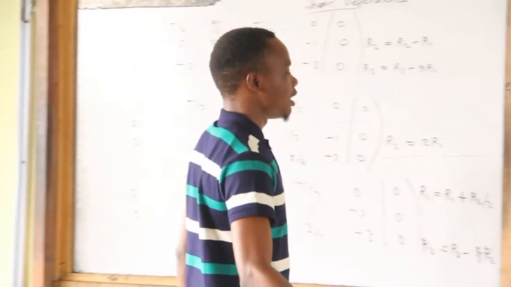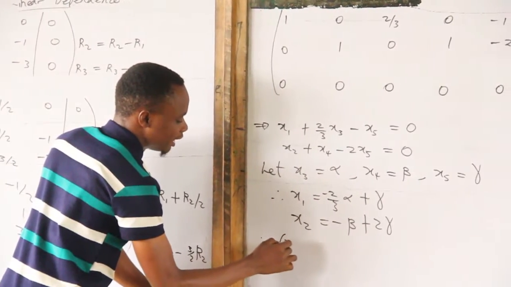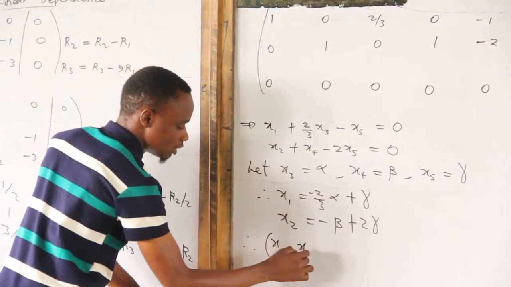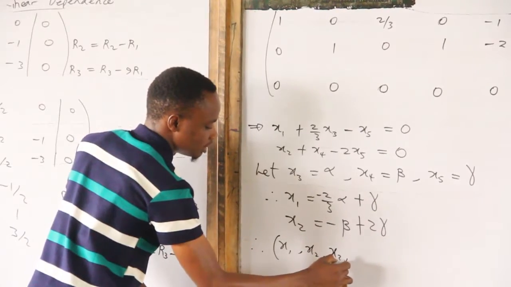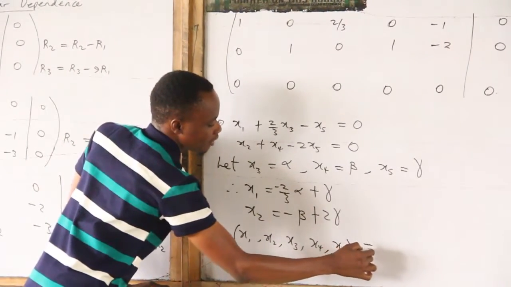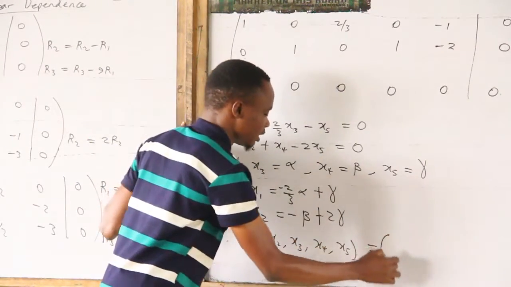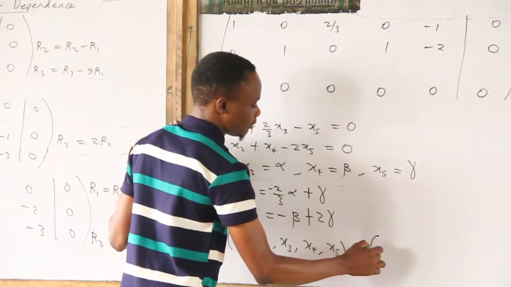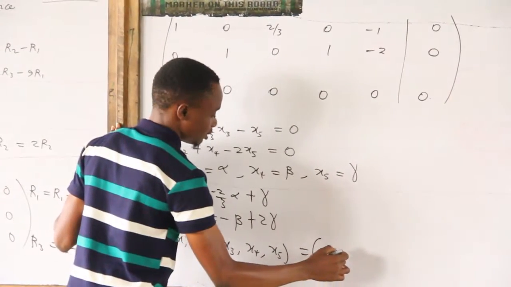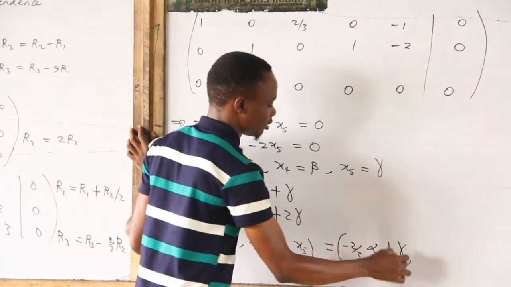So, based on this, we can write out our results. Please pay attention to this. That means our x1, x2, x3, x4, x5 can be written as, listen very well: what is x1? Minus 2 over 3 alpha plus gamma.